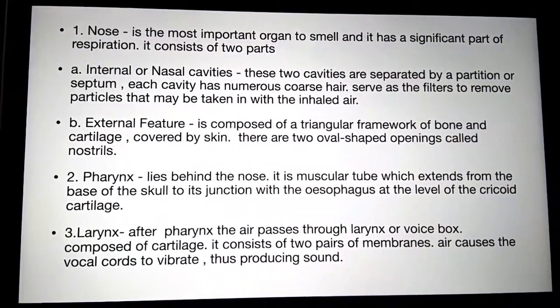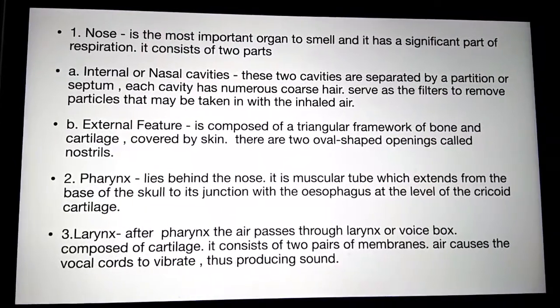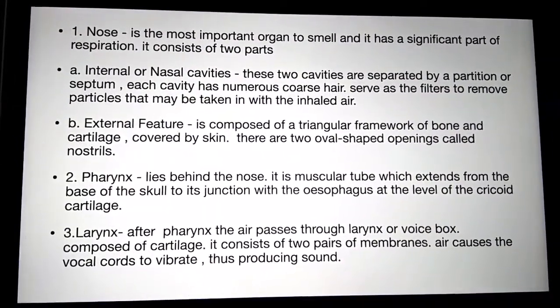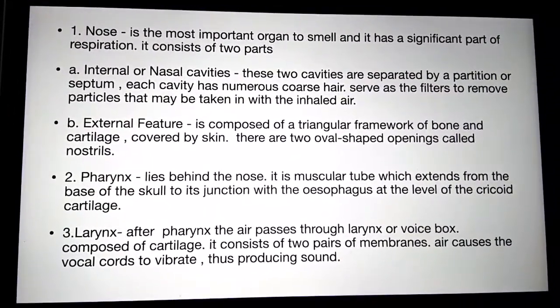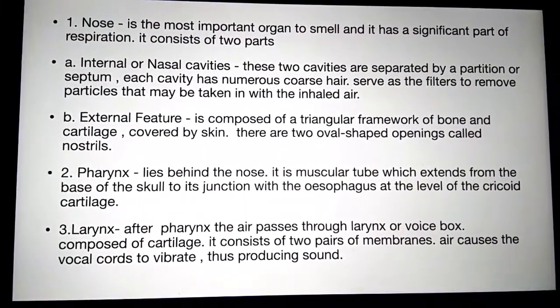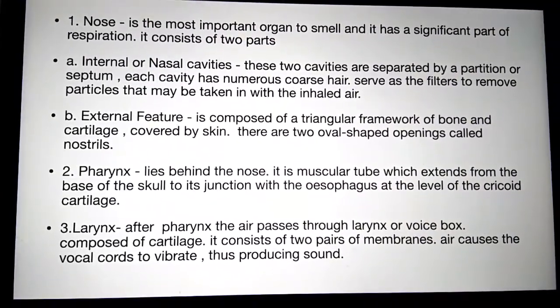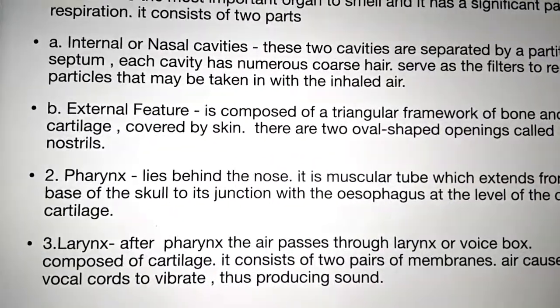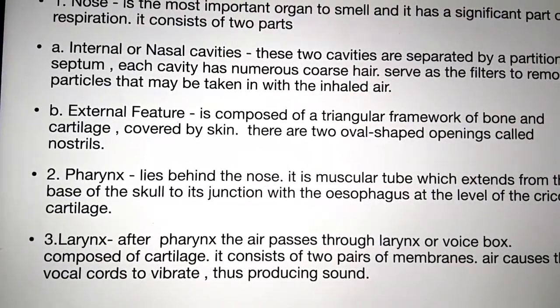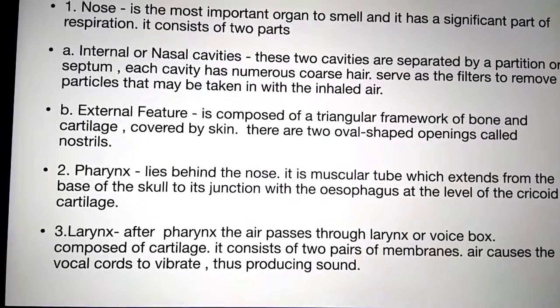Second is pharynx. Pharynx lies behind the nose. It is a muscular tube which extends from the base of the skull to its junction with the esophagus at the level of the cricoid cartilage.